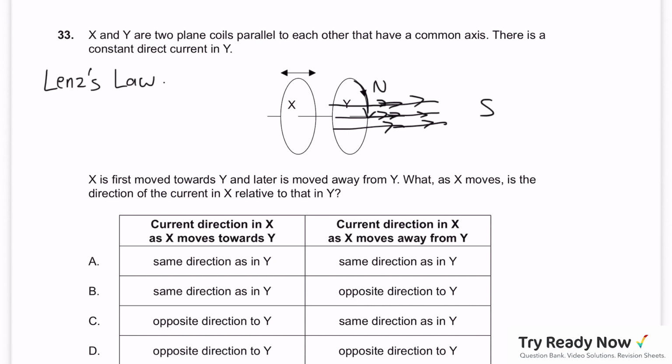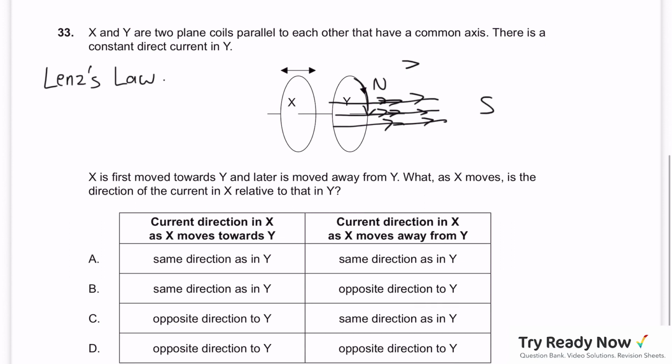So in this case, the change is because we're passing through a magnetic field that is pointed this way. And Lenz's law tells us that the induced current has to induce a magnetic field that way. So if we use our hand to figure out what way it is, it is actually downwards as we move away from Y. And that means that we can eliminate options A and B.